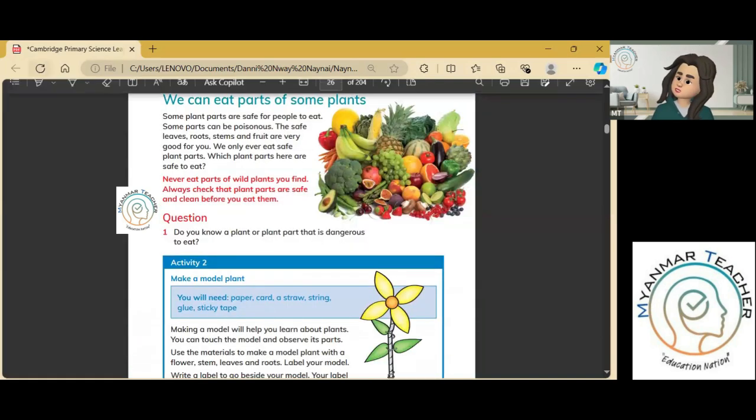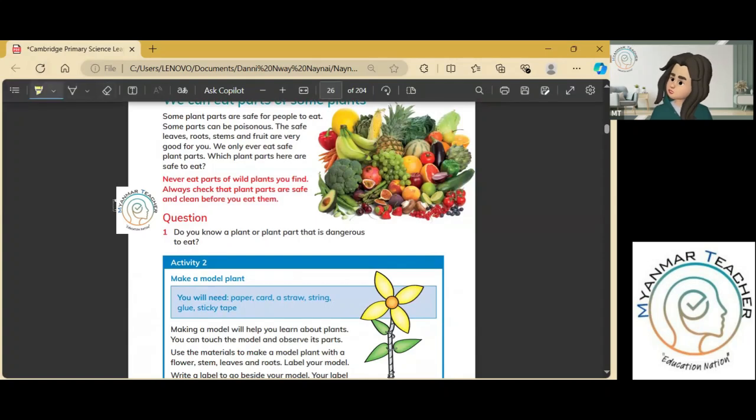We can eat the parts of plants. Some plant parts are safe for people to eat. They're supposed to be eaten, but I think they made a mistake. Some parts can be poisonous. The safe parts, the root, stem, and fruit, are very good for you. We only eat safe plants.